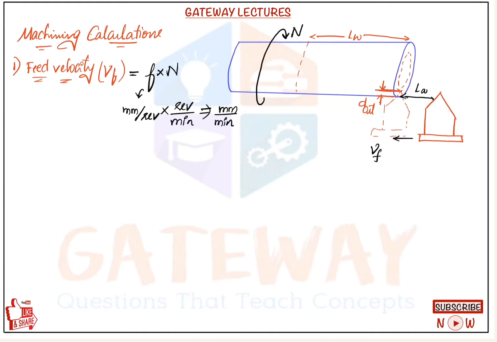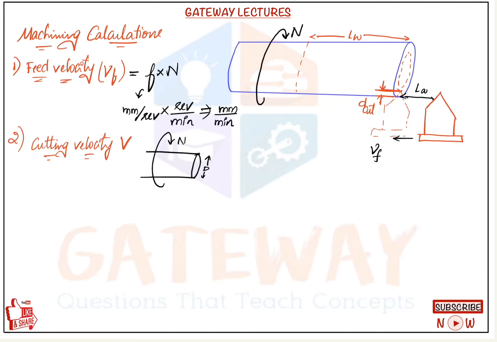And second will be cutting velocity. So what is this cutting velocity? Cutting velocity is nothing but the peripheral velocity at the contact between the tool and the workpiece. So cutting velocity is denoted by V. Suppose this is the workpiece having some diameter d, and this workpiece is rotating with some speed n.